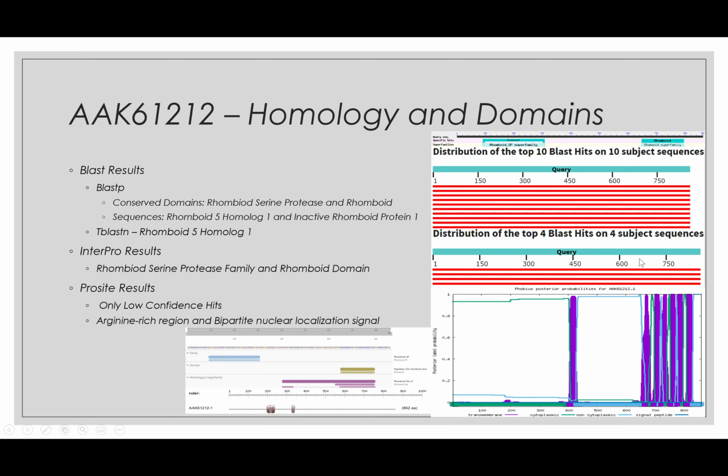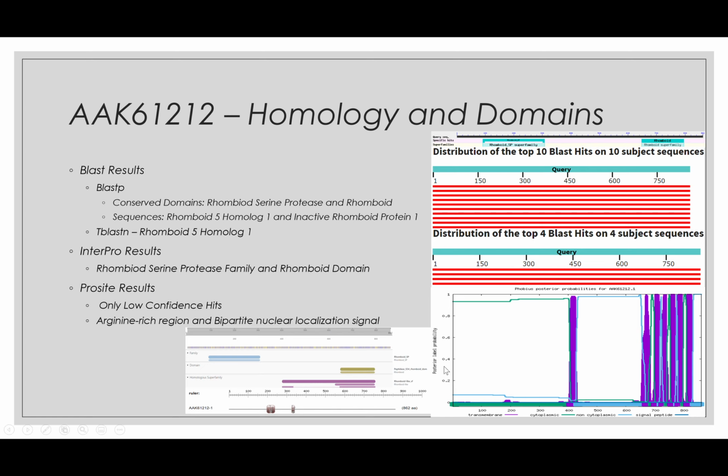The T-BLAST-N gave rhomboid 5 homolog 1 as all of the returns. So the InterPro result, again, identified it as a rhomboid in the rhomboid serine protease family and identified a rhomboid domain.